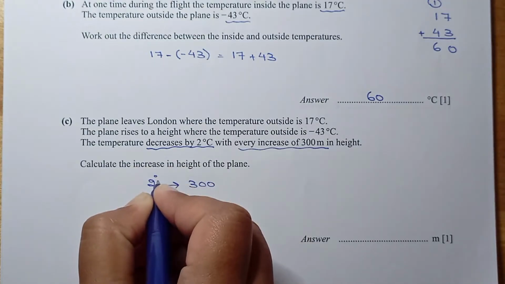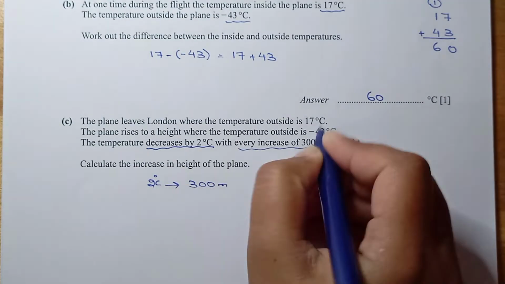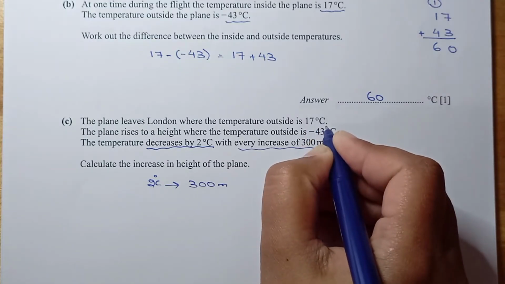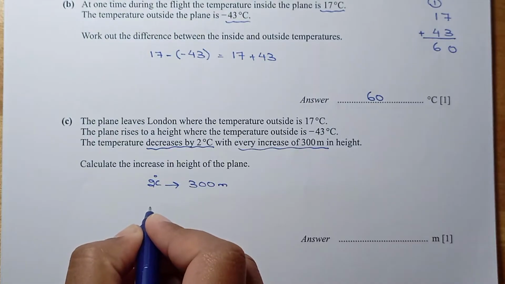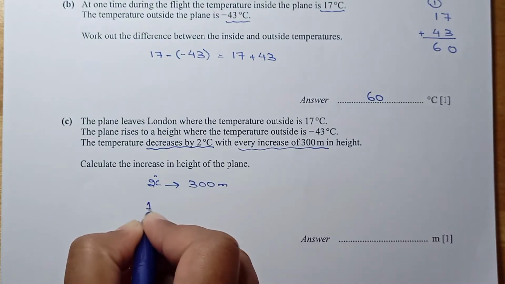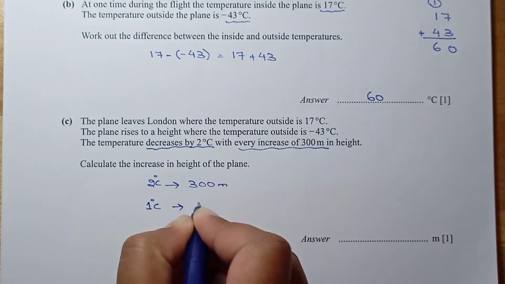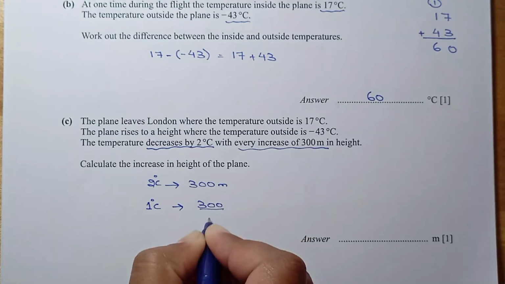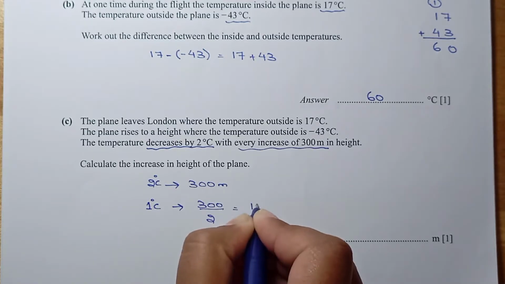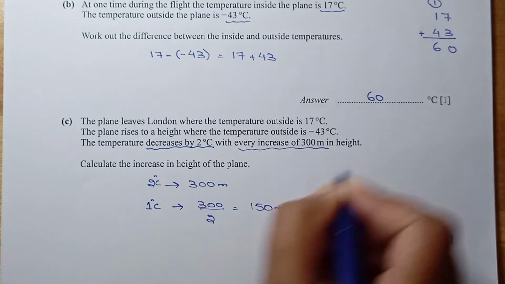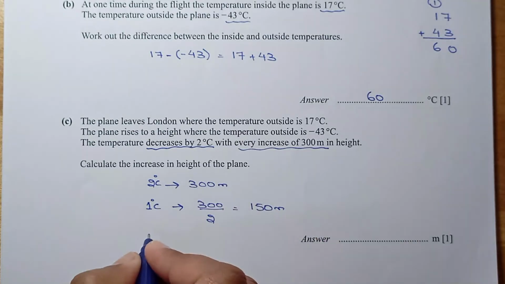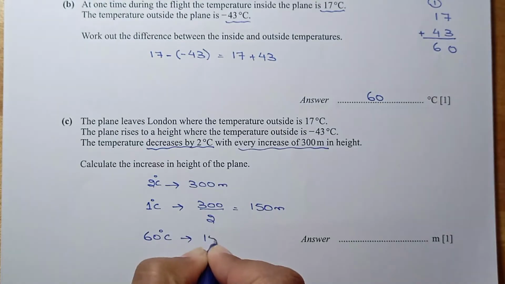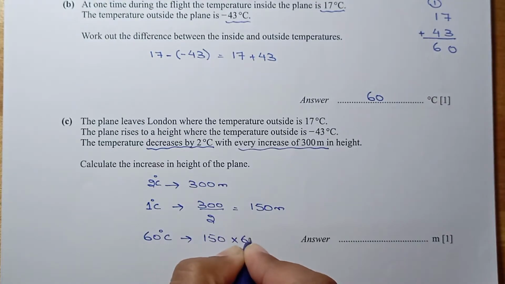Now we know the difference between the temperatures is 60. So first we need to find what is 1 degree. 1 degree would be 300 divided by 2, that would be 150 meters. We need to find the increase in height. So for 60 degrees, this would be 150 times 60.